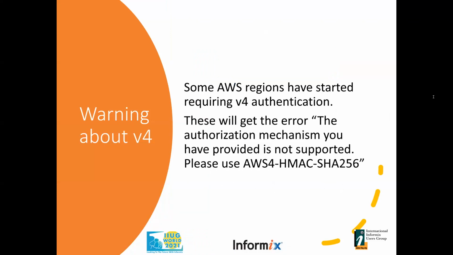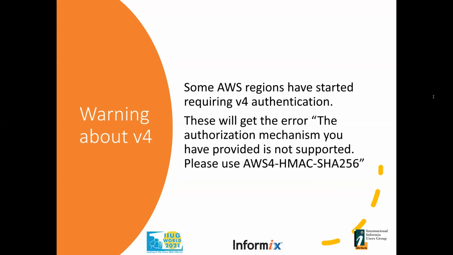A warning about this that I also found in testing. Some of the regions, but not all of them, have started requiring v4 authentication. If you see the error, "The authorization mechanism you have provided is not supported, please use AWS4," that means you have chosen a region that does not support v3, or supports v4 only.